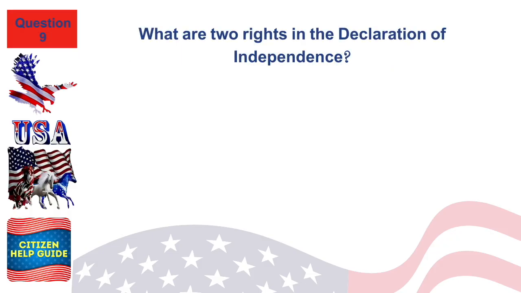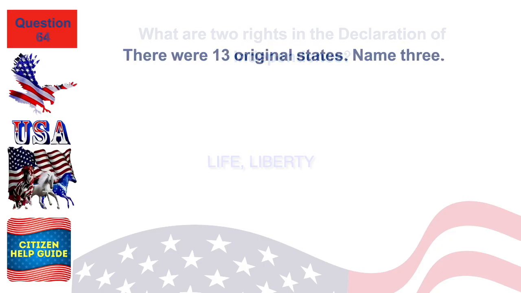What are 2 rights in the Declaration of Independence? Life, liberty. There were 13 original states. Name 3.